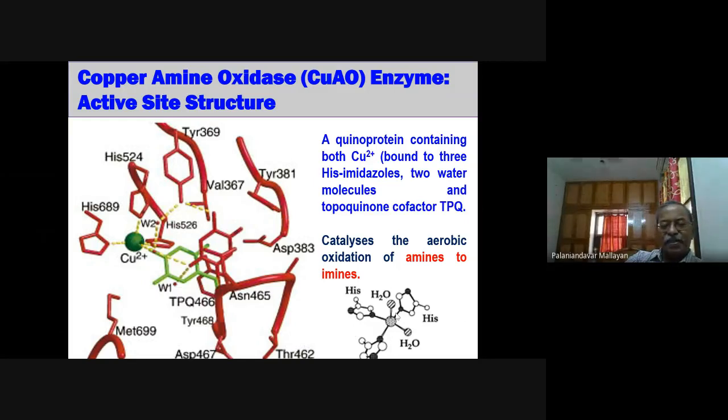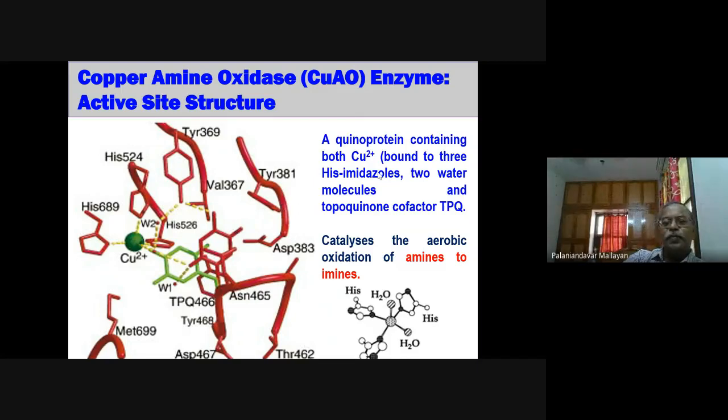not tetrahedral geometry. And the most important thing is this particular active site has a neighbor. That neighbor is called a quinoprotein, having a quinoprotein moiety. See this water molecule here, one of the water molecules, the longer distance, is bound to the cofactor that is called the quinoprotein cofactor.